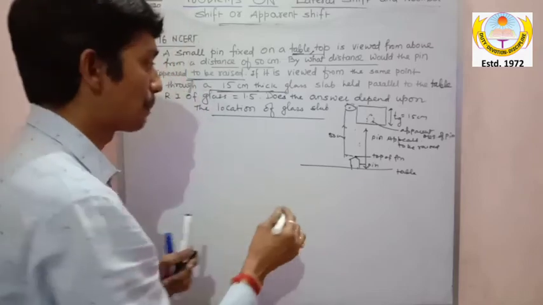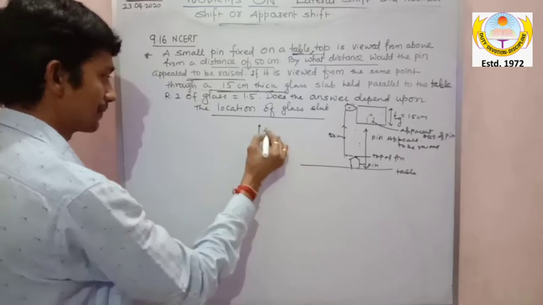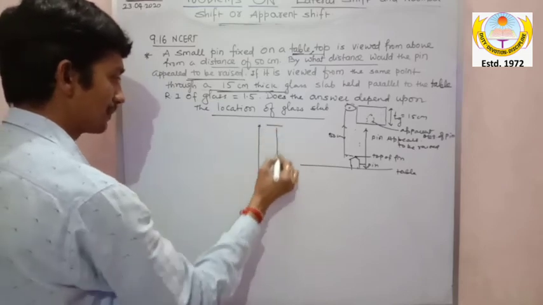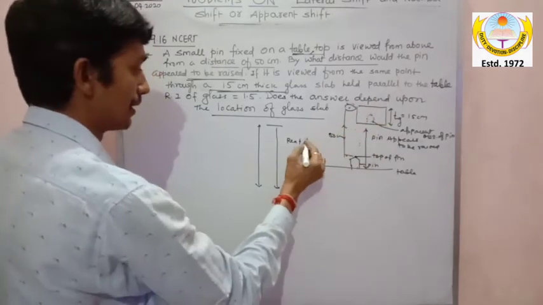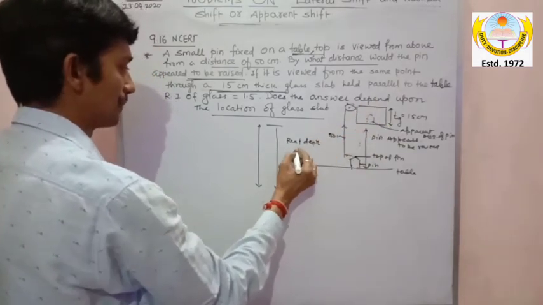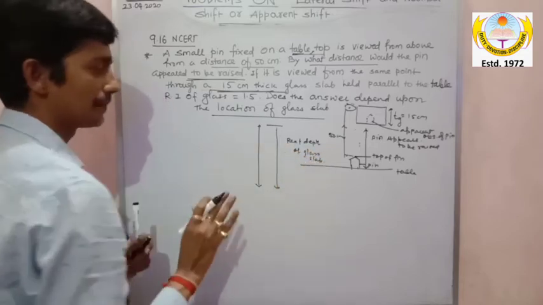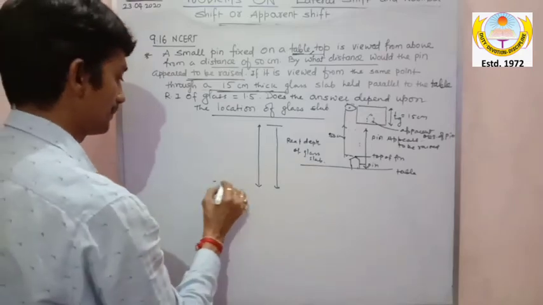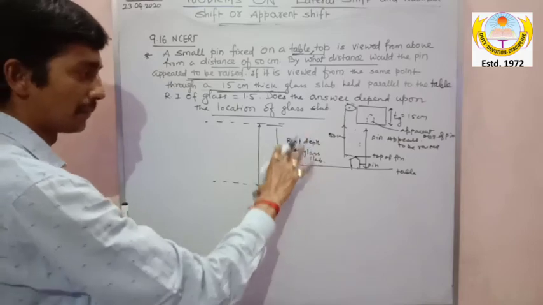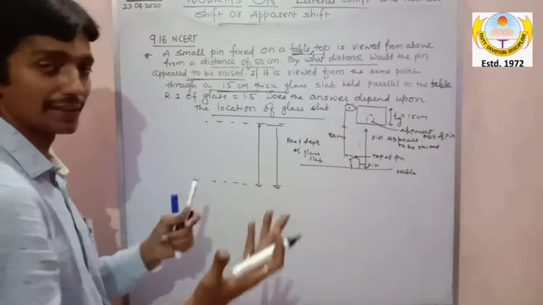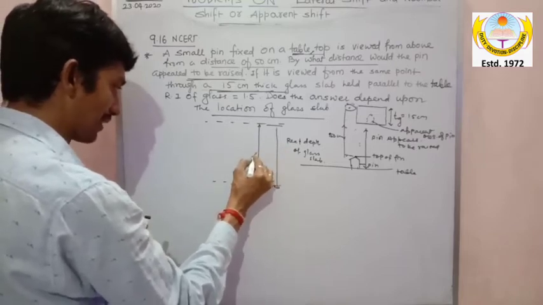That it appears to be raised can be seen by this diagram. This is the real depth of the glass slab, because everything is happening in the glass slab. Try to understand. I am drawing this diagram here. In the glass slab, say the pin is here.